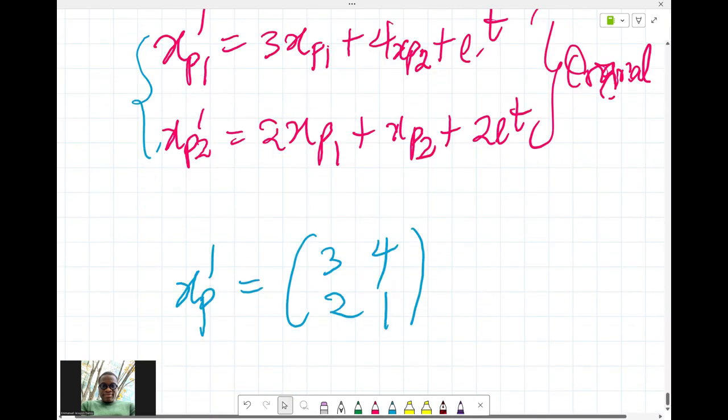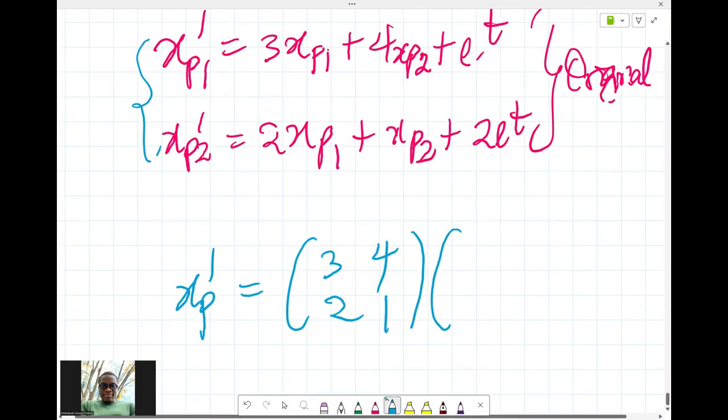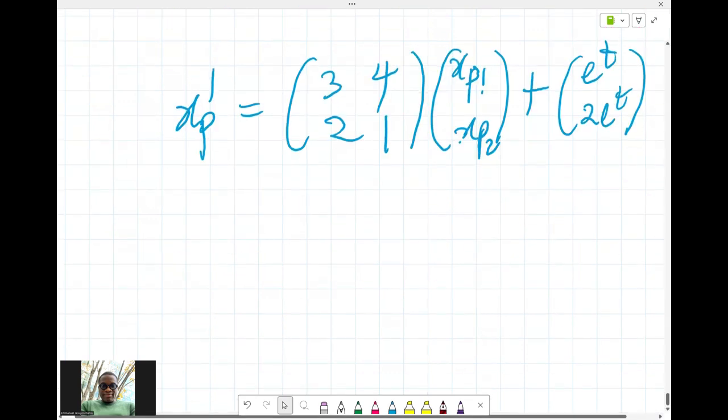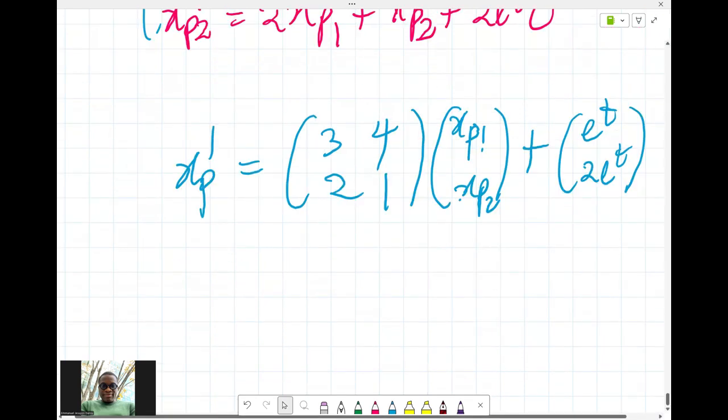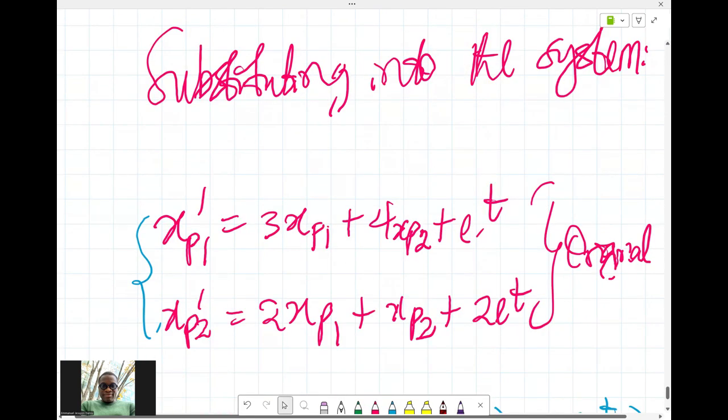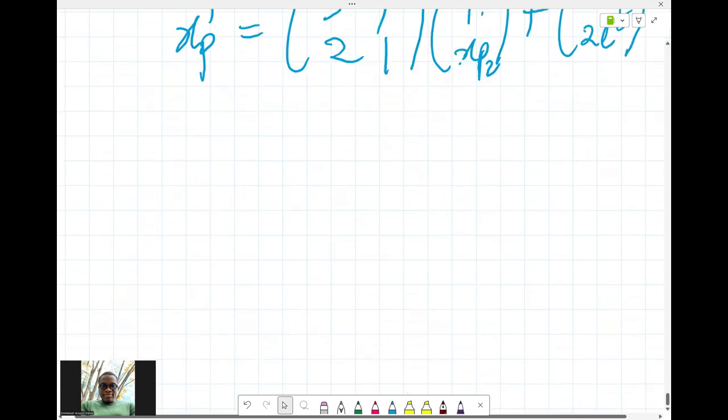What was there before? We had our 3, 4, 2, 1, and we had our xp, so this is xp1, xp2, plus 2e raised power t. This is the original thing, so we substitute into this now. xp prime, as you remember, is this expression here, so for this xp prime we just have ab e raised power t.